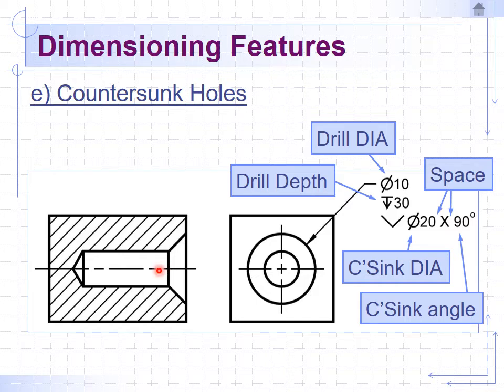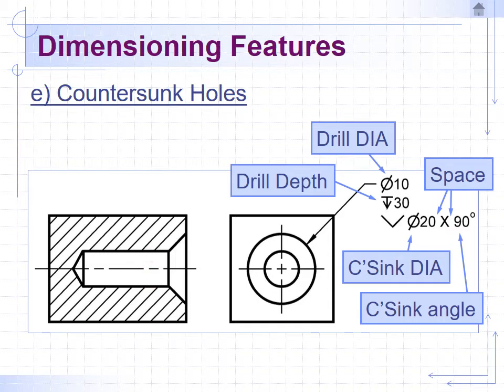And then in this case, it's a blind hole. And so the symbology over here is that you have a diameter 10, and it's pointing to the outer edge of the countersunk hole. But what this is saying is that the diameter of this blind hole, the narrower hole, is 10.